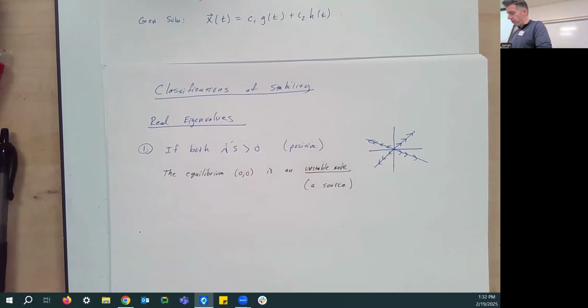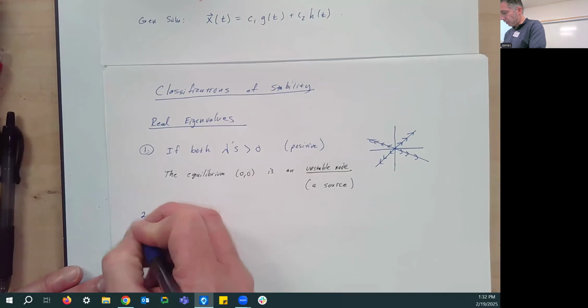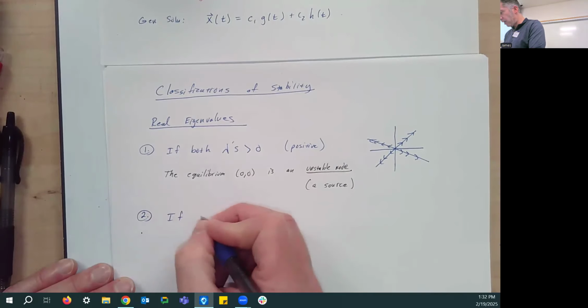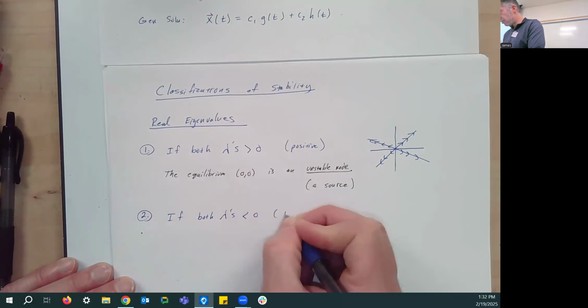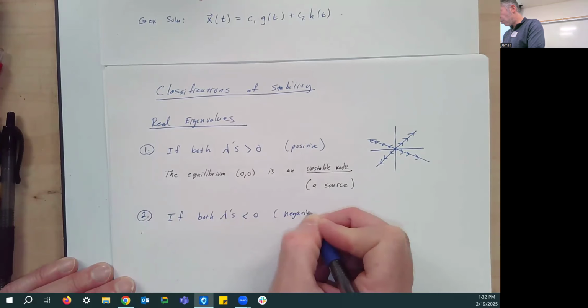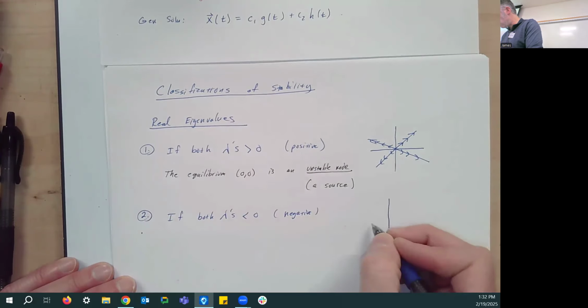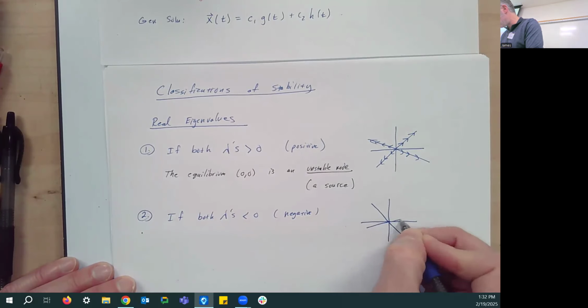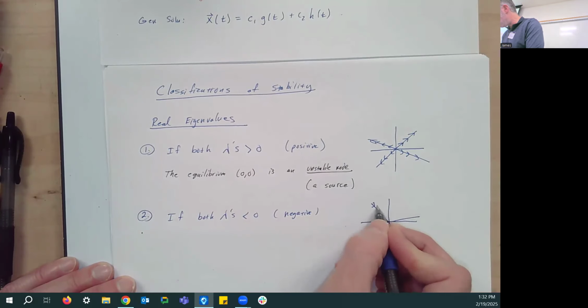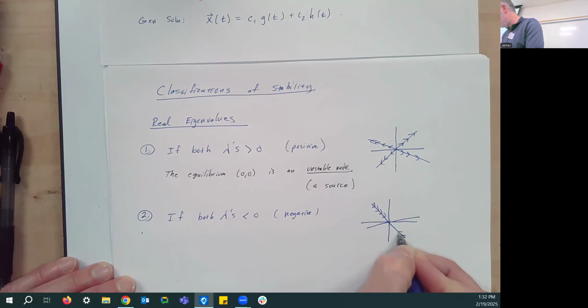Okay, or case 2, if both eigenvalues are negative. Well, then everything's going to be pointing inward. Maybe your eigenlines again. Your eigenlines have to pass through the origin. It's kind of the deal. But now we're pointing inward because we're getting closer and closer to 0.